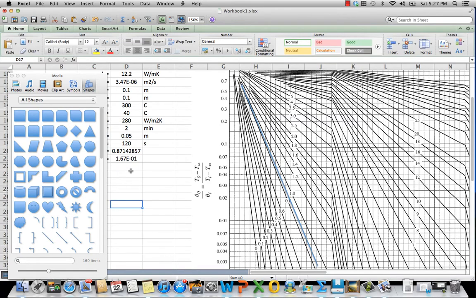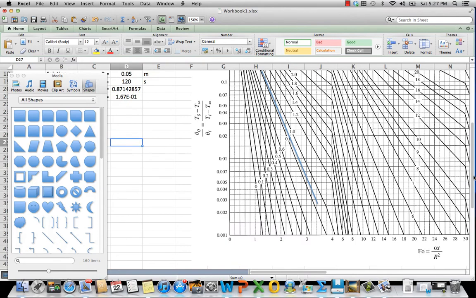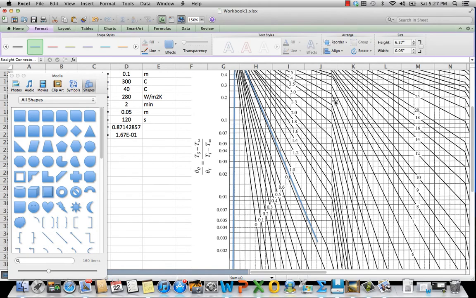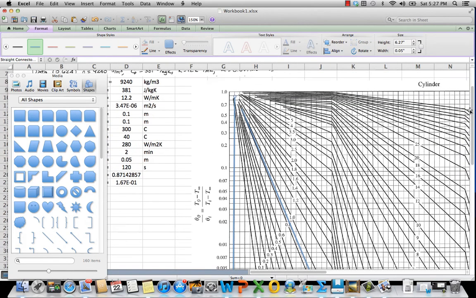And the Fourier value is 0.17. So I come down here, and what I see is that 0.17 is going to fall into this little area over here. And when I come up, I didn't draw that very straight, but regardless, what you're going to see is it falls into this little scrunchy area.